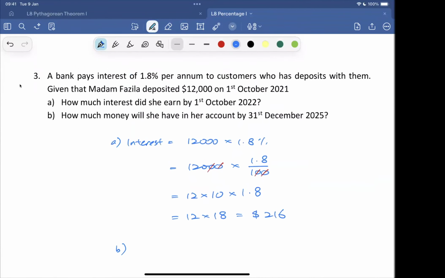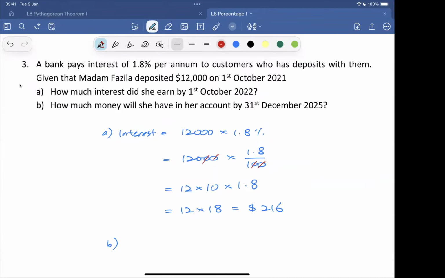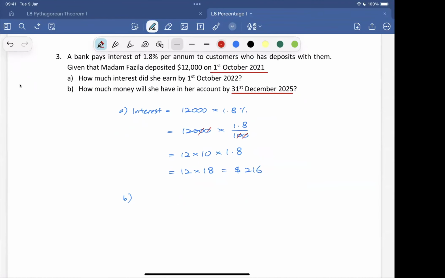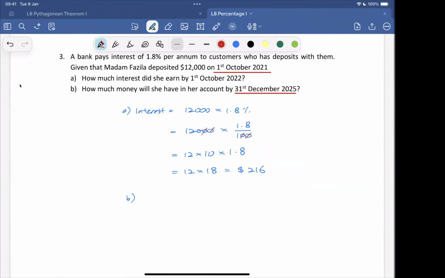So, Tarun, you started investing on October 1st, 2021, and you are taking your money. You're asking me to check how much money is there on the 31st of December, 2025. Can you tell me how many years have passed? 4. Okay, let's see whether it's 4 years.